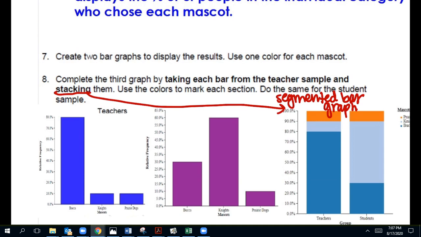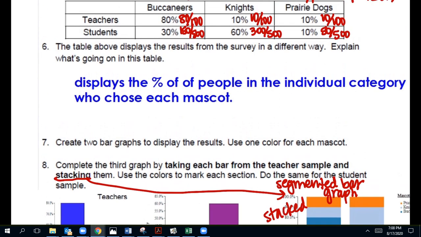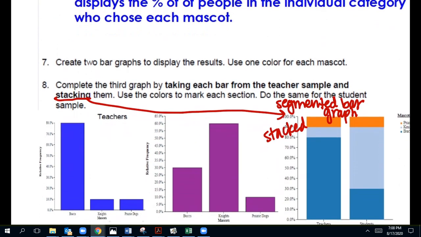Another word for that is a stacked bar graph. And notice that it totals to 100% because we took these bars and stacked them on top of each other, which represented 100% of the teachers and 100% of the students. And so that's what we see here. And then you can see the percentages, how they correspond in the table.